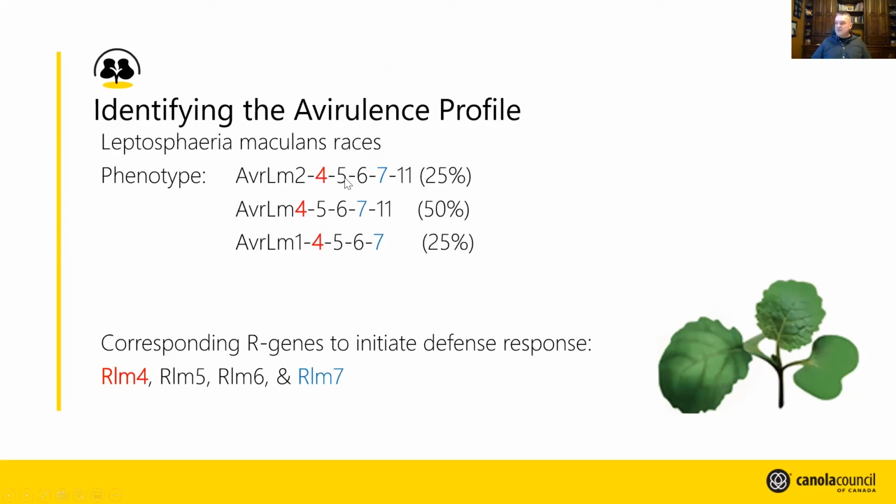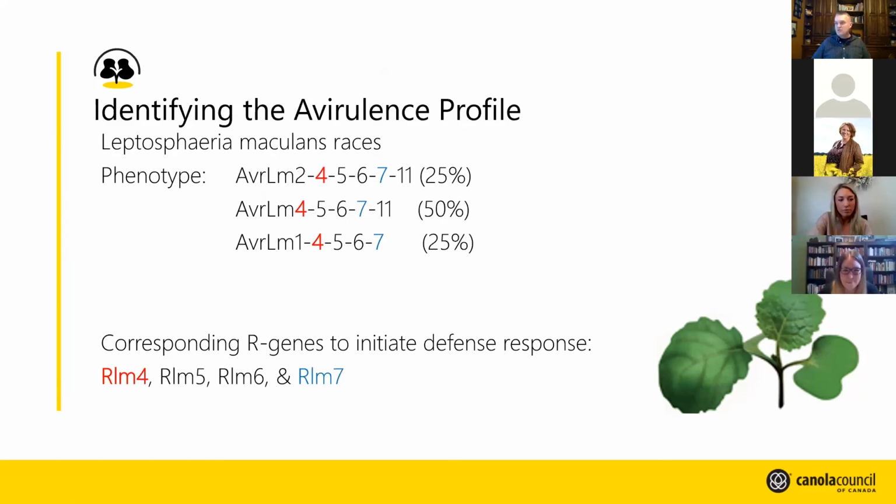What these labels or numbers with these AVRLM numbers refer to is which resistance genes will be effective at controlling it. The red highlighted one indicates that RLM4, which is resistance group D, will control all of these pathotype races that are in the field. And we have other races here, or avirulence genes, that correspond to a resistance gene 11 that does not yet exist.